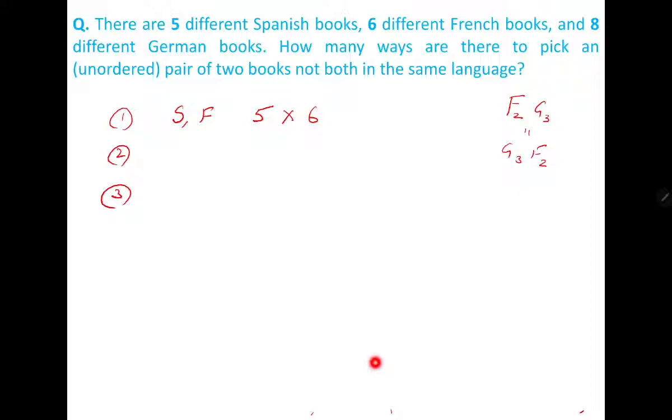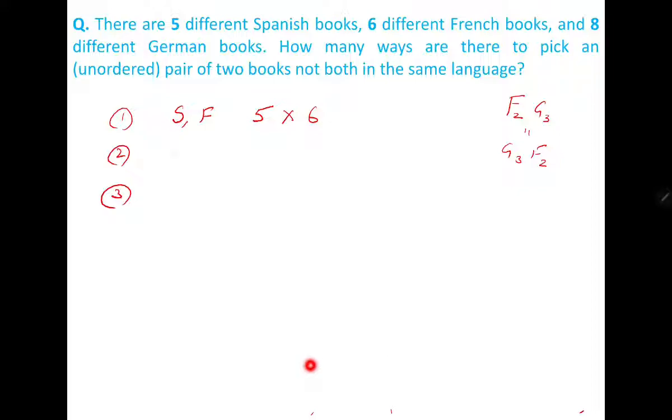We will understand in the next slide why we have used multiplication. But for your observation, try the problem with, for example, 2 Spanish books and 2 French books. Write down all the possibilities. Or 2 Spanish books and 3 French books, you will see that it comes out to be 2 cross 3, which is 6.